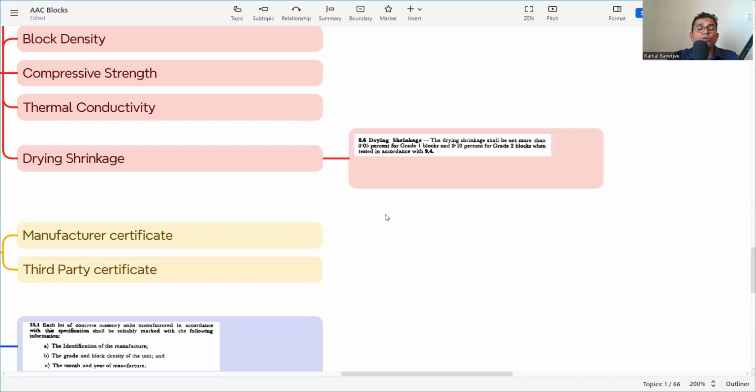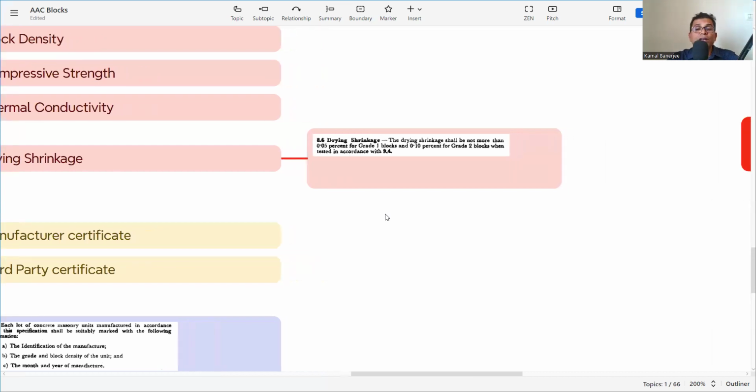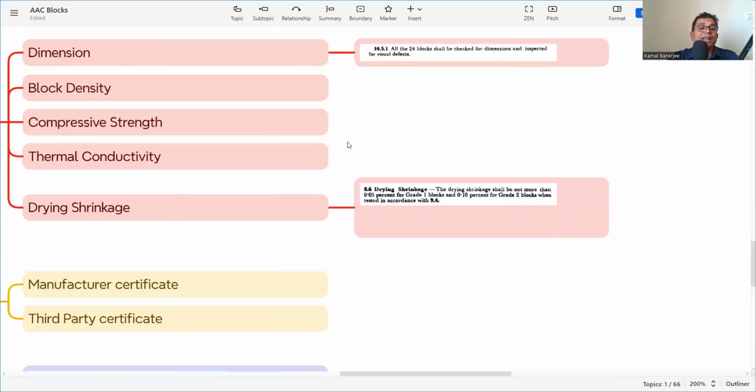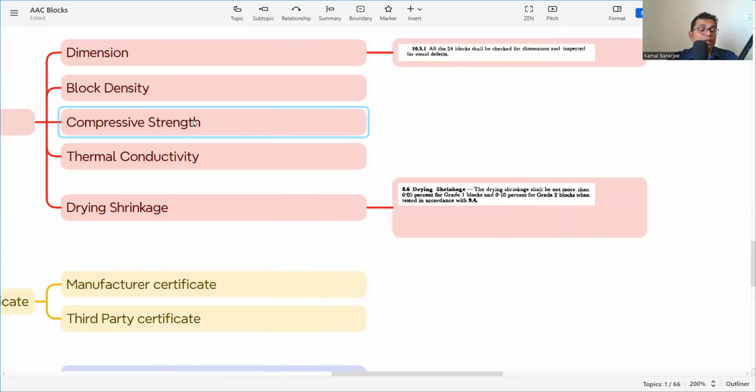And for drying shrinkage, what will be the criteria for acceptance of the blocks, and other things we have already discussed in dimension and in Table 1 for the physical properties. Now the drying shrinkage in 8.6 is mentioned: the drying shrinkage shall not be more than 0.05% for grade 1 blocks and 0.1% for grade 2 blocks when tested according to 9.4.